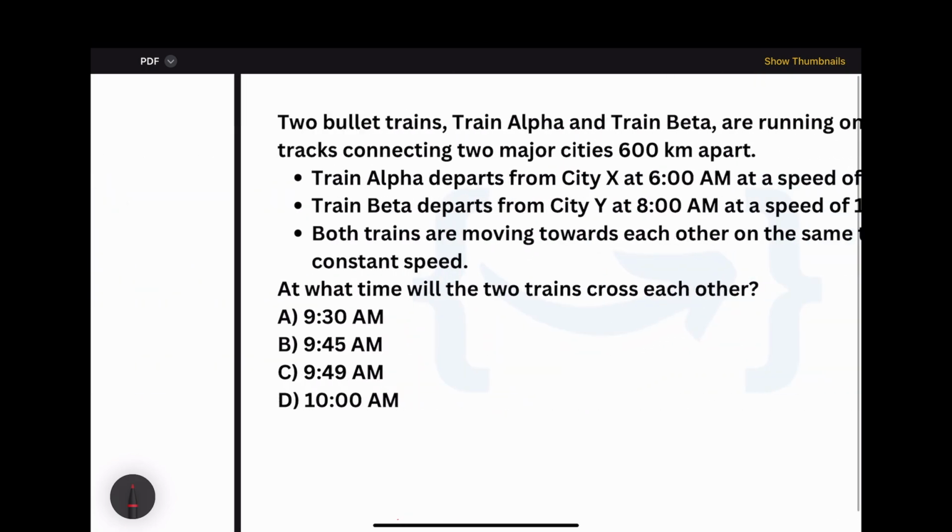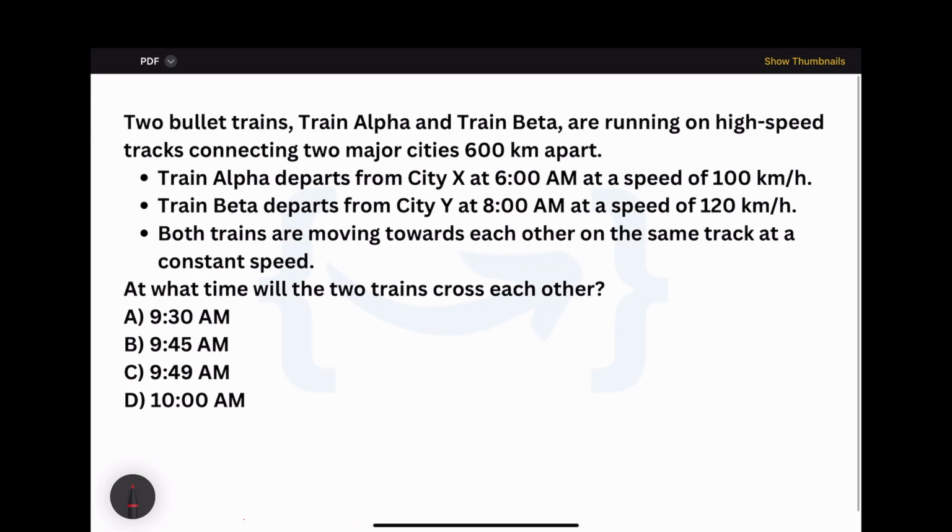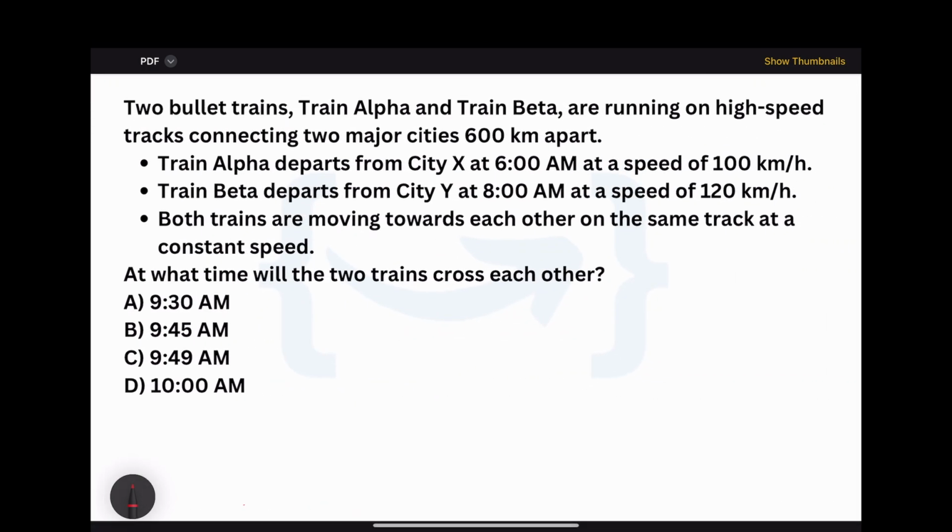So now let's solve the third question. Two bullet trains, train alpha and train beta, are running on high speed tracks connecting two major cities 600 km apart. So we have 600 km as the distance. Clear? Alpha departs from city X at 6 a.m. at a speed of 100 km per hour.